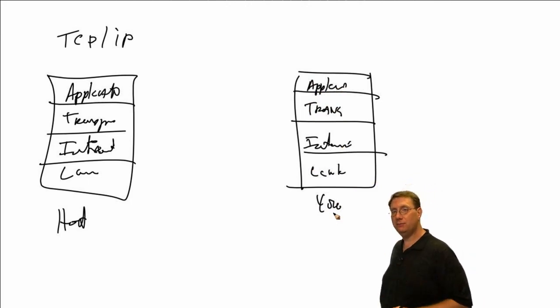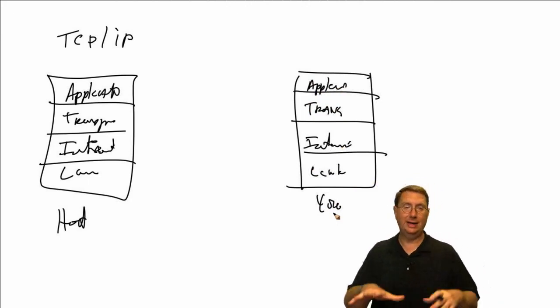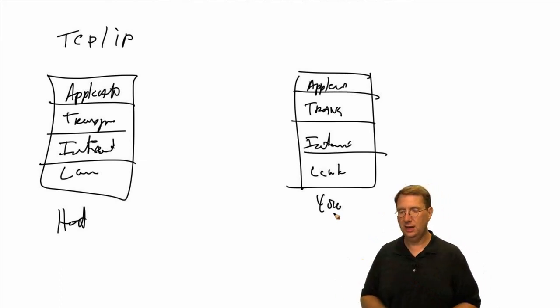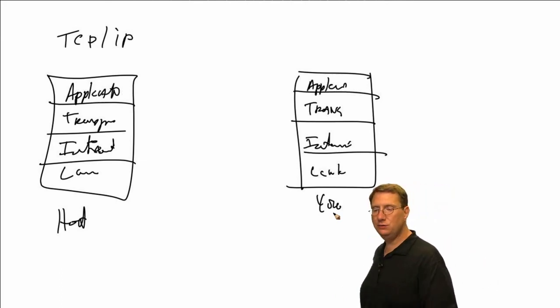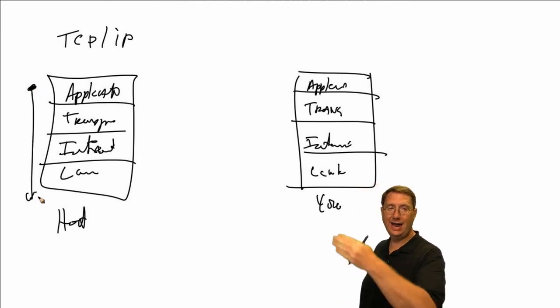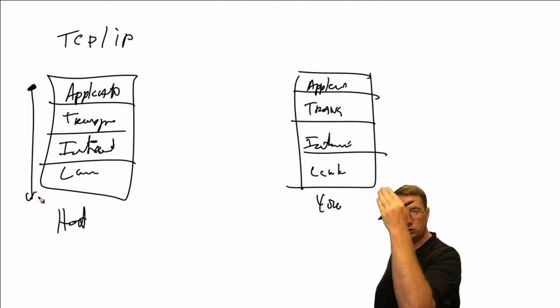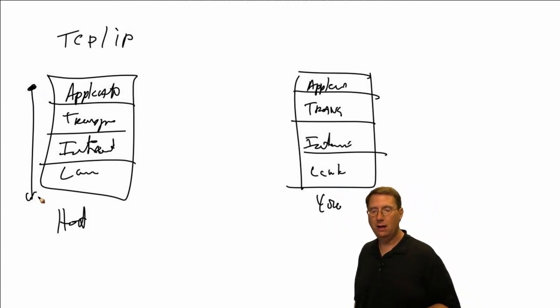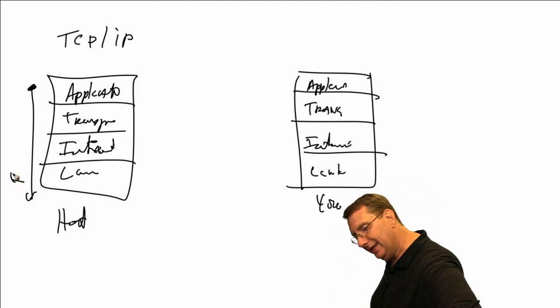And I want to pass information back and forth. Well, what we have to recognize, and I'll show this in a cleaner presentation here on the slides, is the fact that as I move data down my stack, so from my application to my transport to my internet down to my link layer, this is referred to as encapsulation.